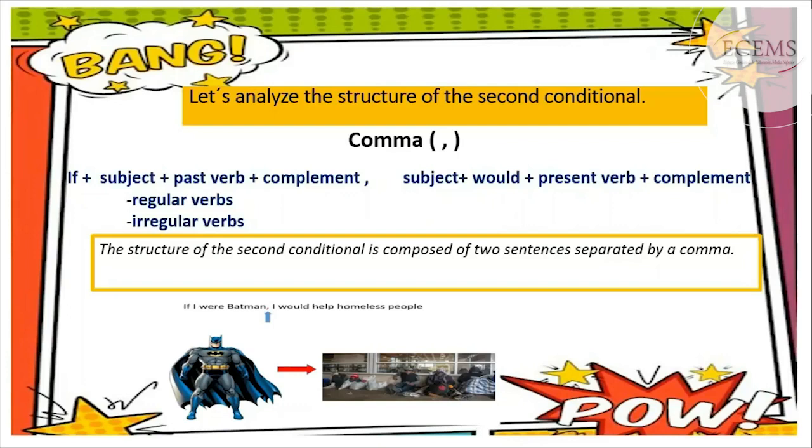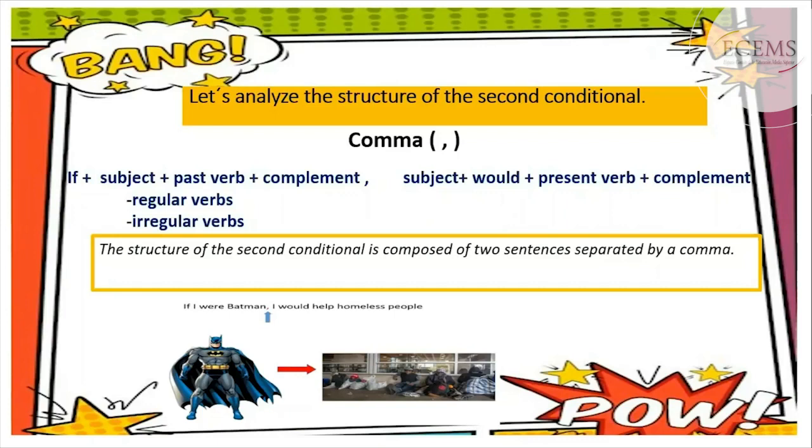Here you have the structure. First clause: if plus subject plus past verb, either regular or irregular, plus complement. Second clause: subject plus would plus present verb plus complement.